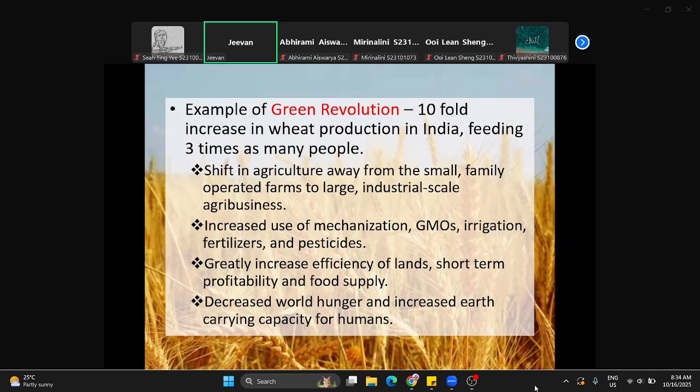So one of the points that I was mentioning earlier is the green revolution, an example of how technology improved the agriculture field. The green revolution happened during the 1980s and 1990s.